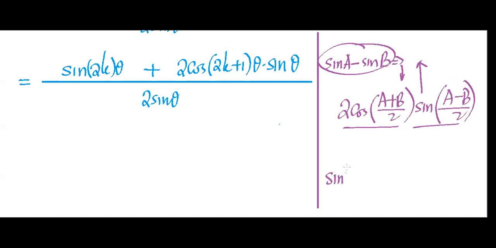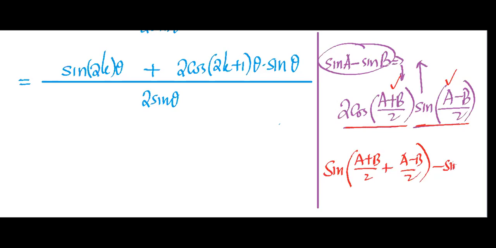When reversing, when you notice that you have this kind of statement, write sine of the sum of those angles minus the sine of their difference. But check the sum, it will give you the A back.